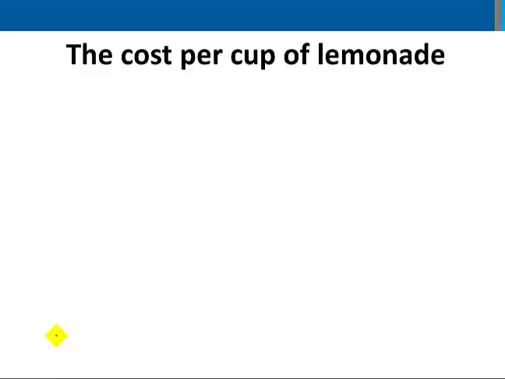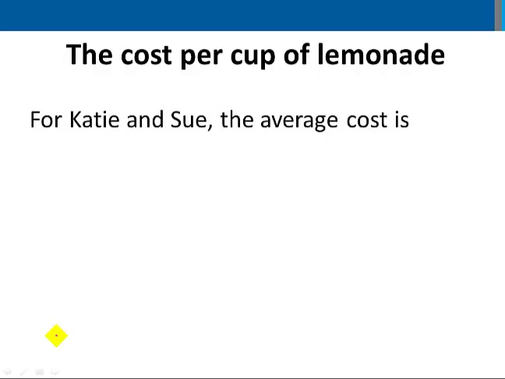So let's see if we can use this function to determine the cost per cup of lemonade. For Katie and Sue, the average cost is going to be C bar of X equals their cost function, 5 plus 0.05X, divided by X, the number of cups of lemonade.